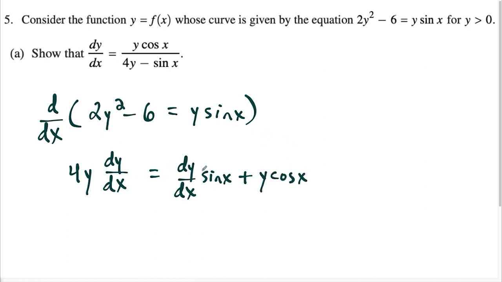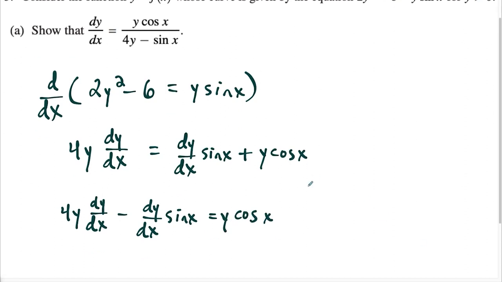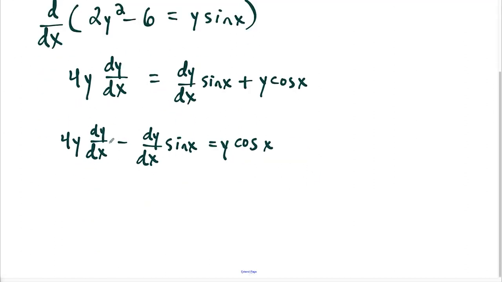So then from here, we have to get all the dy/dx terms on one side. So we have 4y dy/dx, and we could subtract the dy/dx sine x on both sides. So we have minus dy/dx sine x, and this is equal to y cosine x. So from here, all we have to do is group the dy/dx terms together. So we could factor out dy/dx, and we're left with 4y minus sine x, and this is equal to y cosine x.